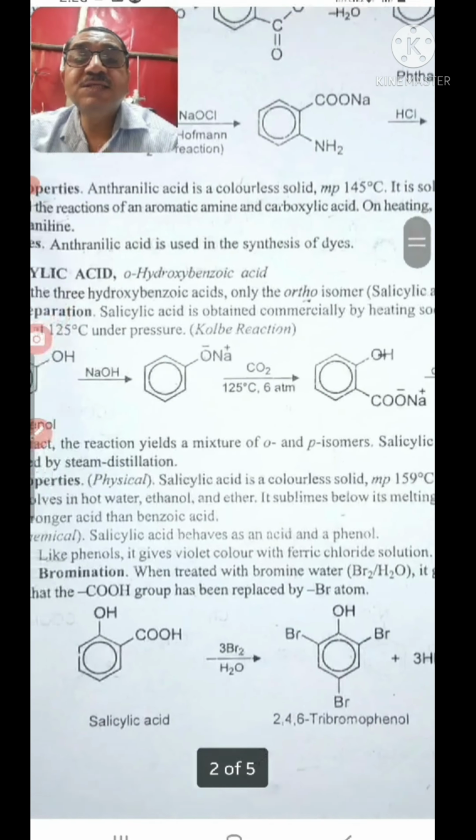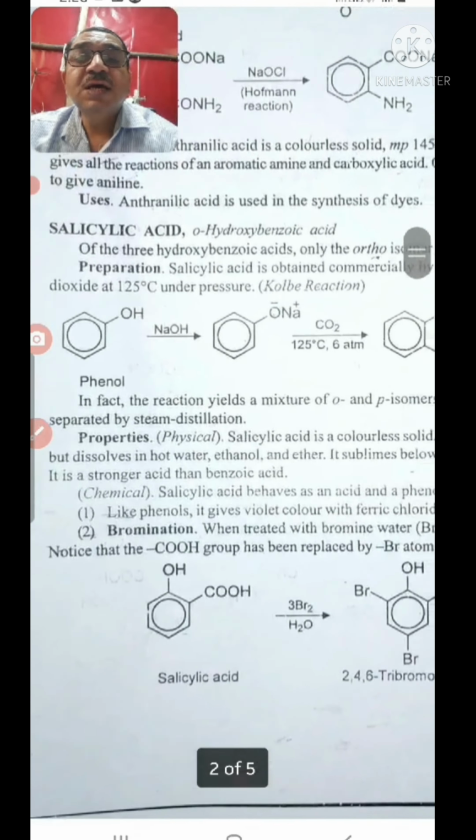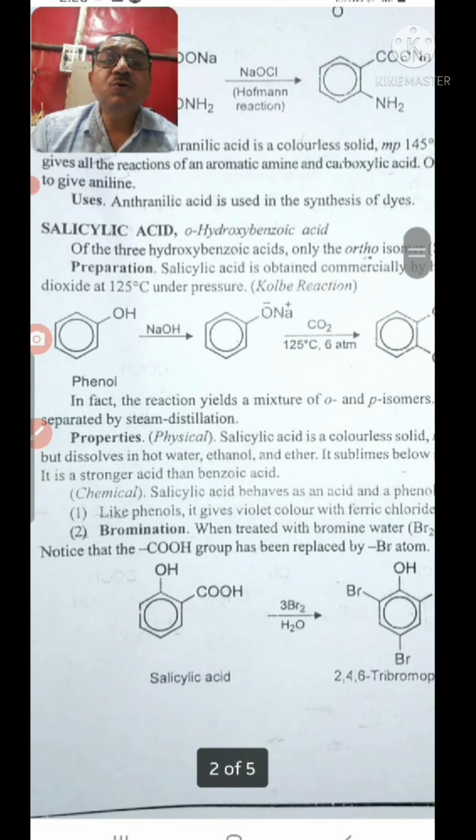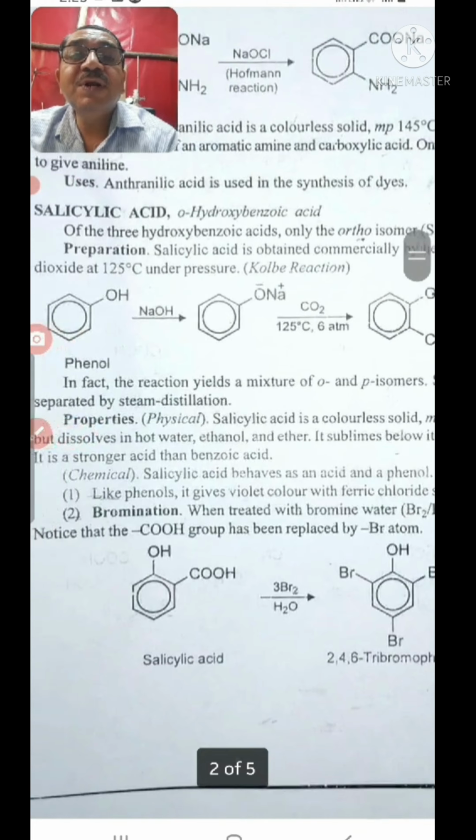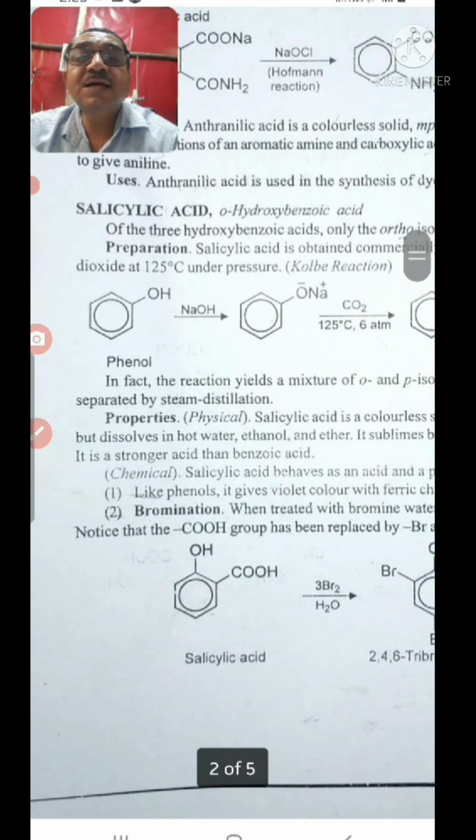Salicylic acid can be prepared by two methods, just by using phenol: the Kolbe reaction and the Reimer-Tiemann reaction. When we treat phenol in presence of NaOH, we get sodium phenoxide, and when we treat with carbon dioxide at 125 degrees centigrade under pressure, we call it the Kolbe reaction.